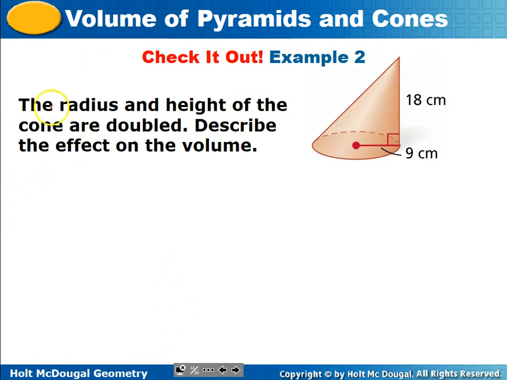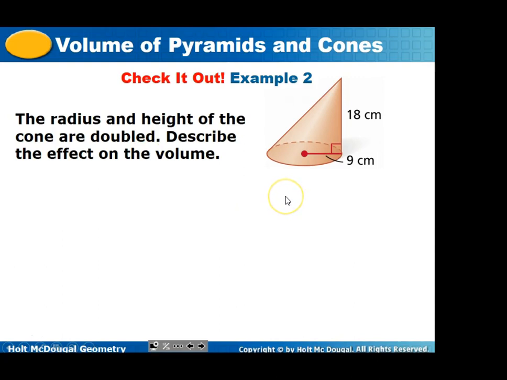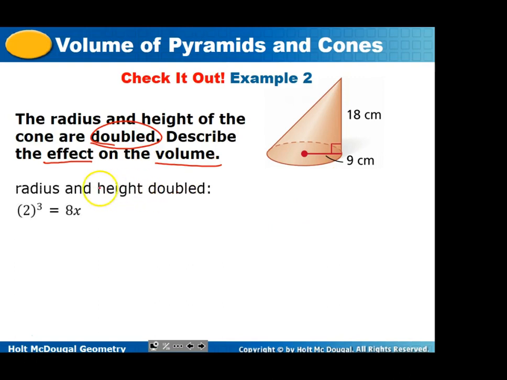Our next one says the radius and height of the cone are doubled. Describe the effect on the volume. Go ahead and pause the video here and let's see if you can figure out the effect on the volume. So once again, we're looking for some key words here. It says that the radius and the height of the cone are doubled. So that means we're going to pull the number 2 and we're going to cube it.